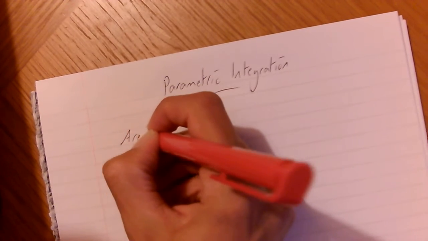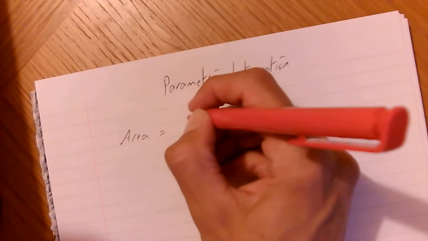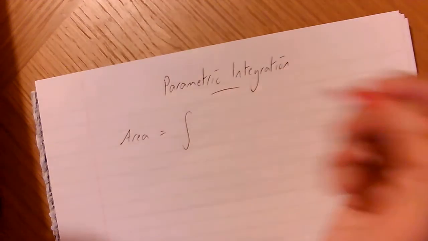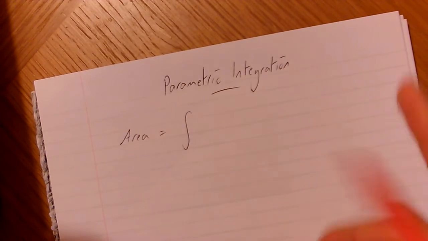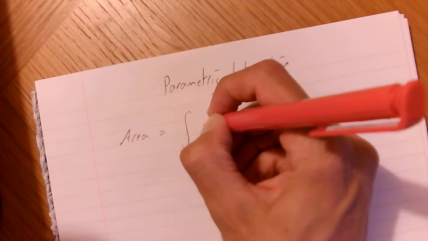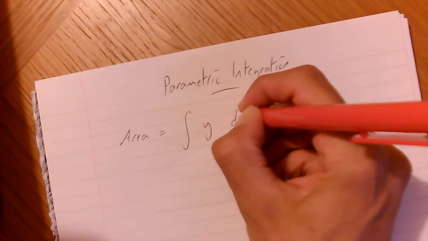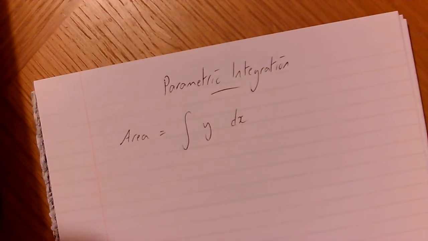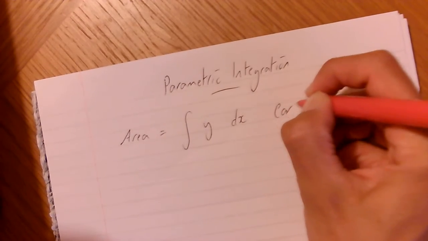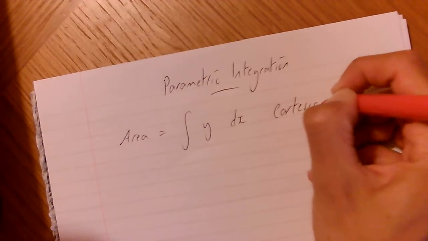The area traditionally is always some function which we can write as f of x or g of x, but you can also write it as y for whatever your equation is, and then of course we have a dx. This is your normal Cartesian formula, okay?